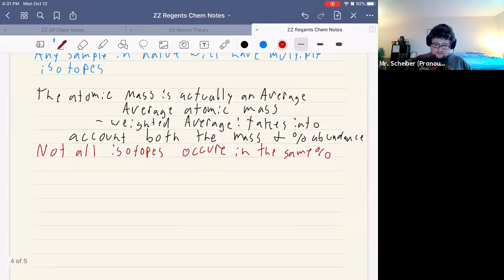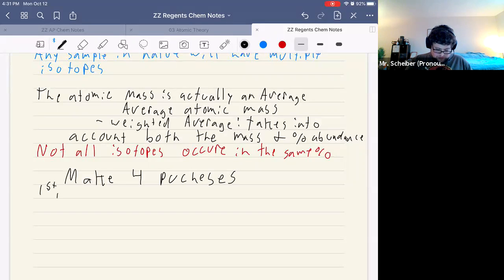And instead of talking about isotopes, we're going to start with money. Let's say you go to the store. So we're going to go to the store, and we're going to make 4 purchases. Purchases numbers 1 through 3, so the first, second, and third purchase, are $4 each.